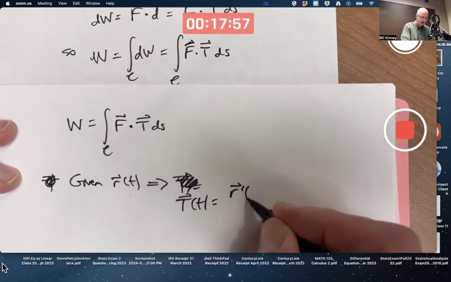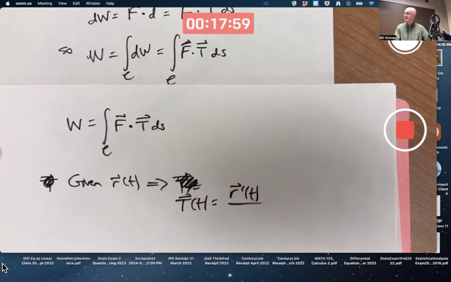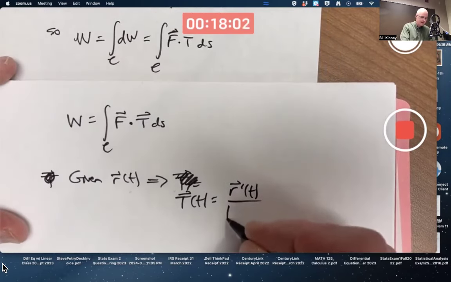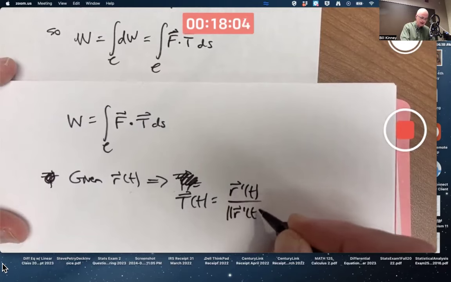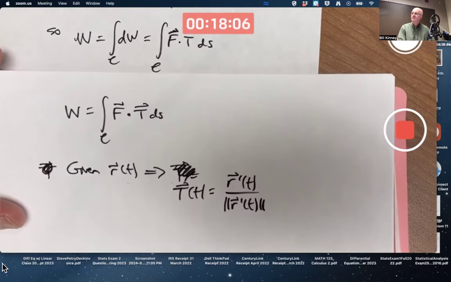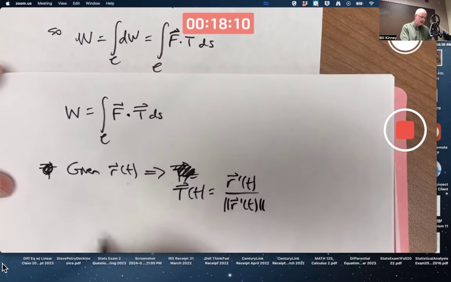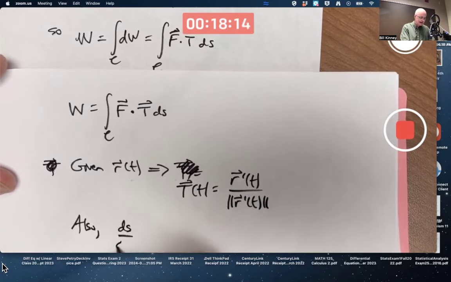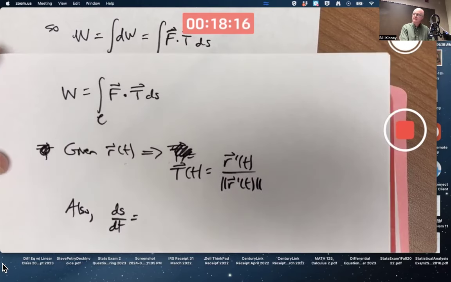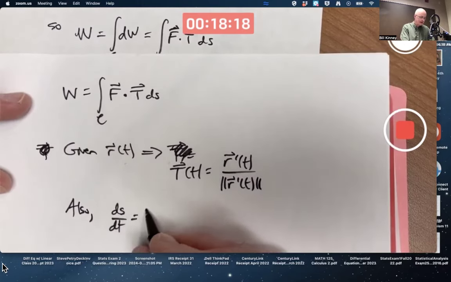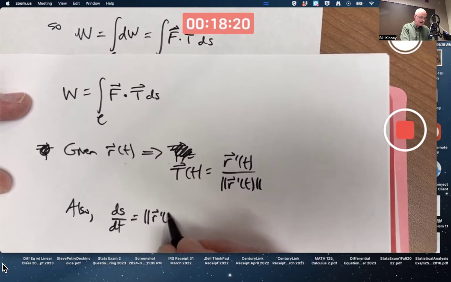It's the derivative of r of t, the velocity vector, divided by the speed, the length of the velocity vector. We also saw last Friday that ds dt, the derivative of the arc length with respect to time, is the same as the speed.